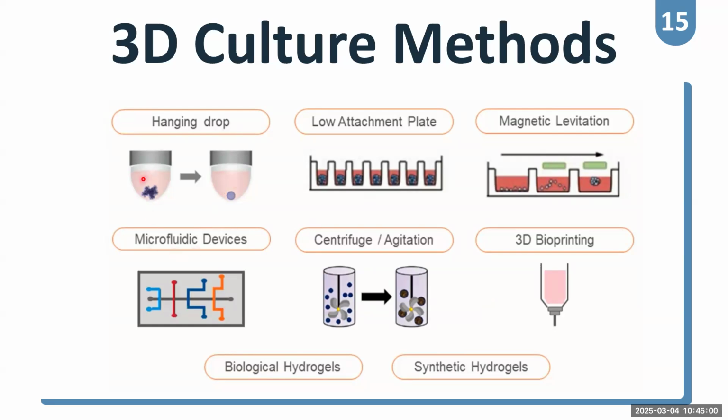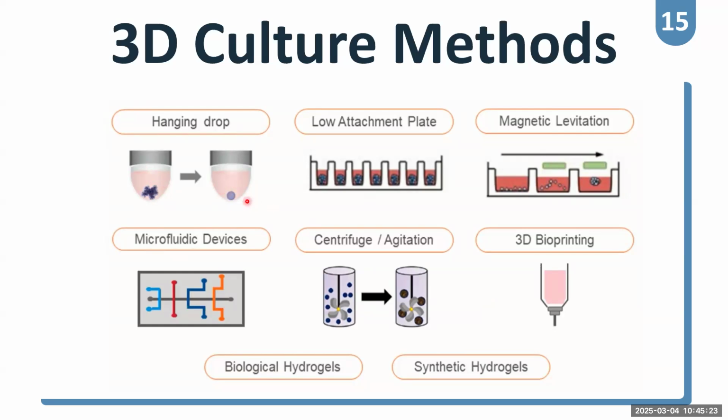You mix the single cells together with the media, and then you drop it onto something like a container, and then you flip it back. The cells will accumulate at the lower part, and then they come together and aggregate to form the 3D structure.